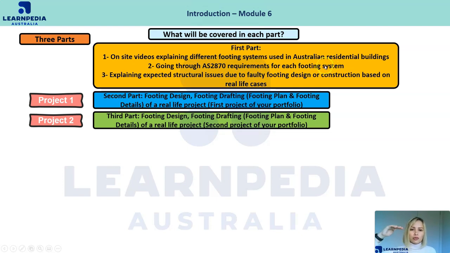So, for example, if you're using a subfloor system, what are the requirements for a subfloor system in AS 2870 that you should consider in your design when you provide a footing layout or footing details? And last, explaining expected structural issues due to faulty footing design or construction based on real life cases.